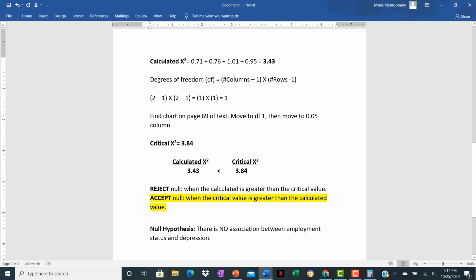When we accept it, we don't make any changes to the null hypothesis. We just say, yep, that's true. So there is no association between employment status and depression. And that is how you solve this particular chi-square. Hope that was helpful, and hopefully by now you're getting all the processes down you need for our exam number 2.